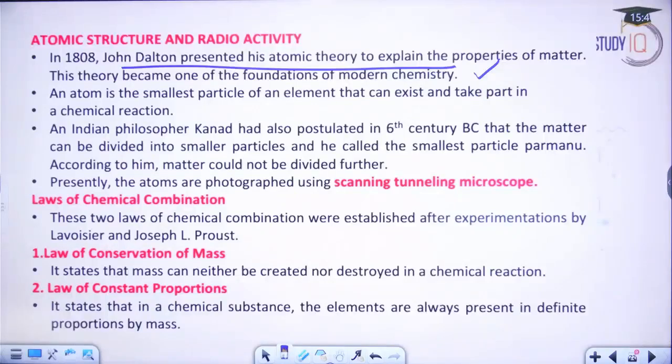If we talk about the two laws of chemical combination, number one is the conservation of mass, which means that in any kind of chemical reaction, there is absolutely no change or no reduction in the mass. So whatever mass is there, that will remain completely conserved, no changes at all.